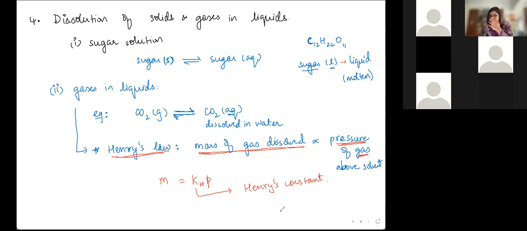What does "above solvent" mean? Basically, if this is the container where you're planning to dissolve a gas, and you're putting gas through here, whatever pressure is here, it depends on that. That's why in the SodaStream, you're completely sealing it up.